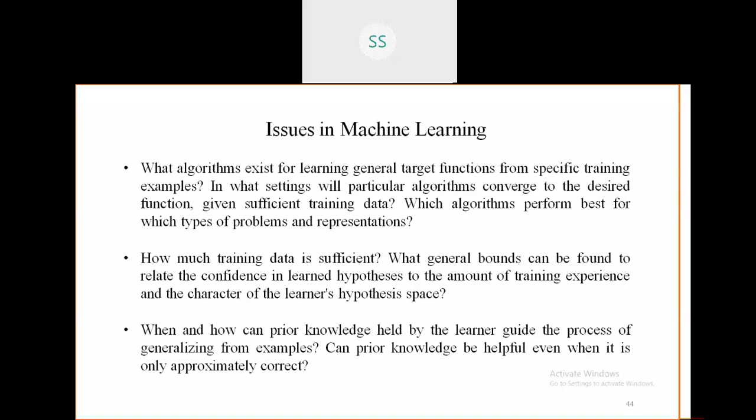This is one more important issue of machine learning: how much training data is sufficient, that is, what quantity of training data is sufficient to evaluate the system. What general bounds can be found to relate the confidence in the learned hypothesis to the amount of training examples? And when and how can prior knowledge held by the learner guide the process of generalizing from examples? That is how prior knowledge helps in building the system.